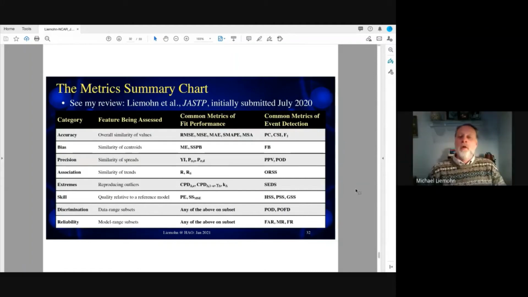Yeah, definitely. All of the event detection metrics can definitely go into not just a binary contingency table, but a multi-level contingency table. That is definitely true. And all of those metrics, like Josh was saying, have many different versions. I've only shown you the binary version of all of these.